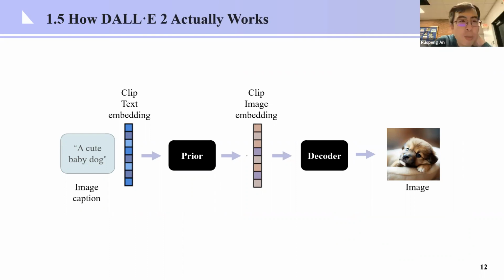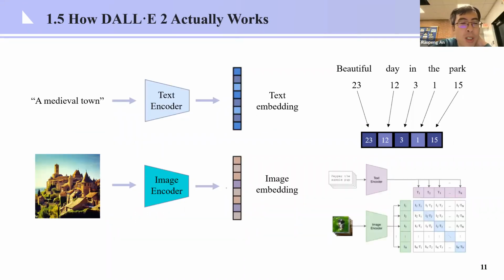Xiaoxin, could you go back to the previous slide? Just want to make sure everyone understands some of the basic terminologies here. As Xiaoxin mentioned, the magic of DALL-E 2 actually comes from two aspects: one is the encoder, and next is the embedding, the image and text embedding. The difference between the encoder and embedding is that for an encoder, you could imagine that we use integers to represent each word, or each token.